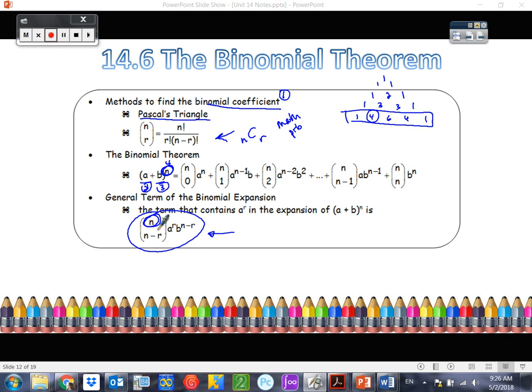So we start with n over n minus r. Then it's a to the r, b to the n minus r. How could you memorize it? I don't know. One student said, well, this one comes second and this one is last, so that's how they memorize that b has the exponent of n minus r. Those match. That's a pattern you might look for to memorize that formula.